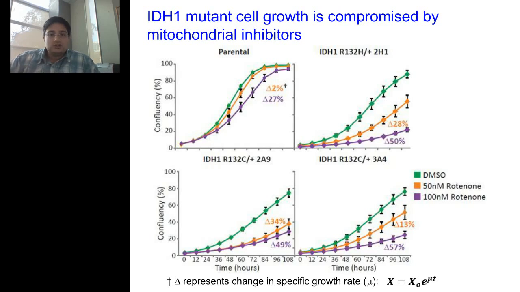So shown here is treatments with varying concentrations of rotenone, and what we see is that at least 3 different clones expressing 2 different mutations in IDH1 all exhibit increased sensitivity to complex 1 inhibition. We saw similar results using independent classes of mitochondrial inhibitors, including fenformin.